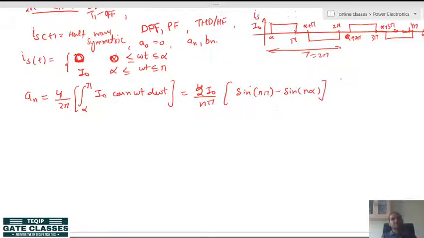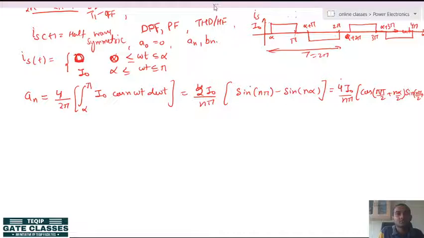Now, just apply sin A minus sin B. You know that sin A minus sin B is 2 cos A plus B by 2, sin A minus B by 2. So, you will get it as 4 I naught upon n pi, cos A plus B by 2, cos n pi by 2 plus n alpha by 2, and sin n pi by 2 plus n alpha by 2.